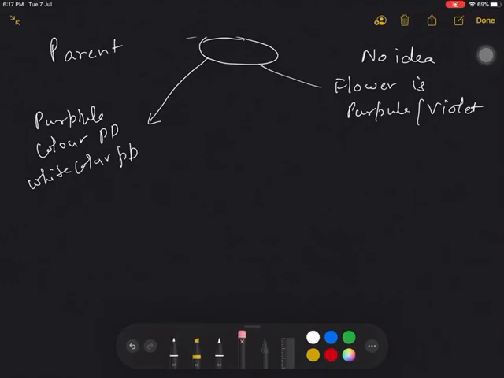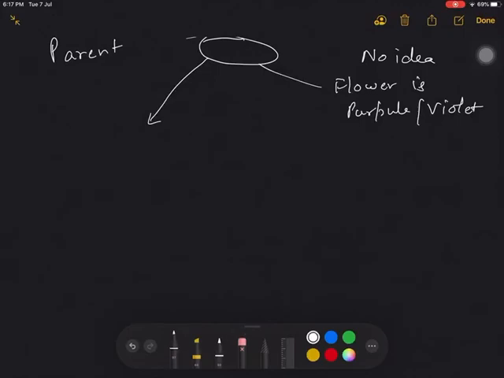So I am going to clean it because I have to write so many things in this small pad. Okay, this is not a blackboard, so this is very difficult to represent everything in this small pad. So there is two possibility. Maybe flower is capital P, that means purple color.